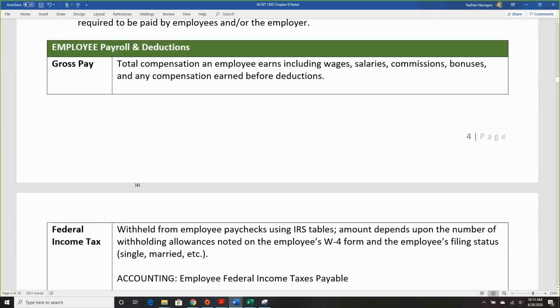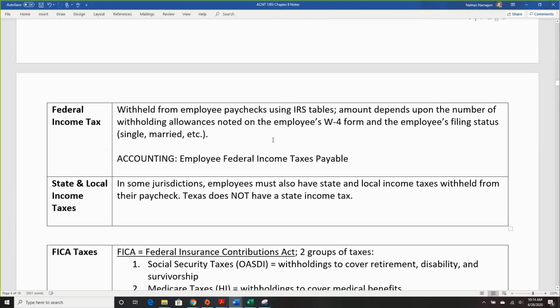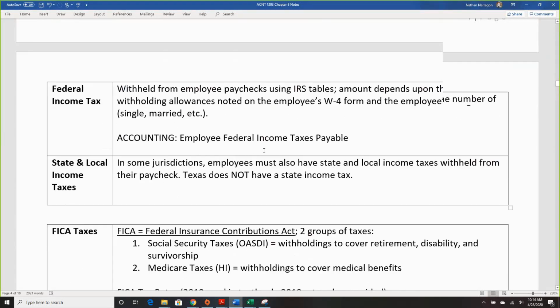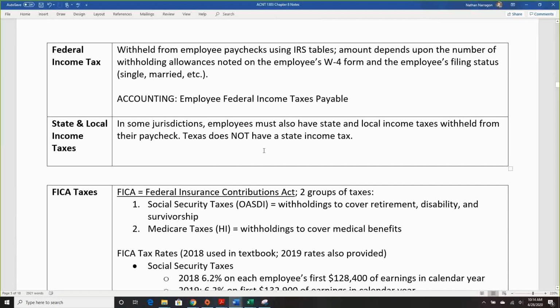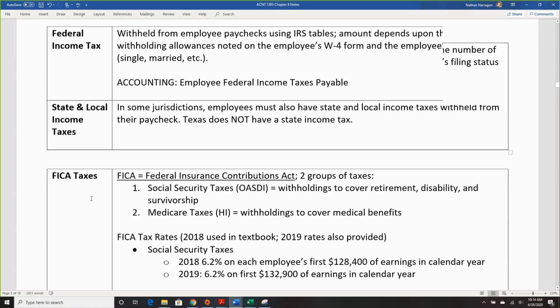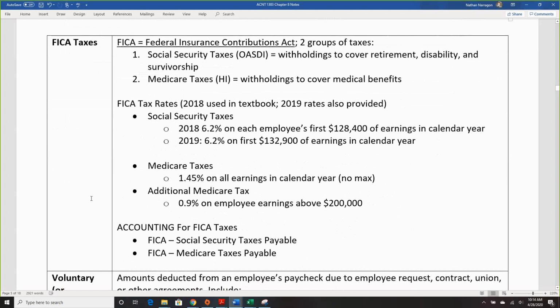But, again, gross pay is your total compensation, while federal is paying for your income tax, state income tax, and then here's FICA. Now, this is a little added information just to help y'all out.